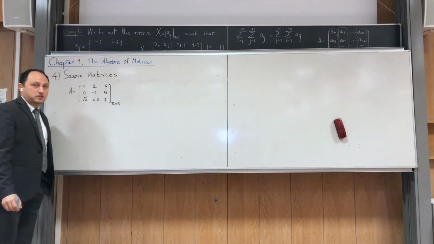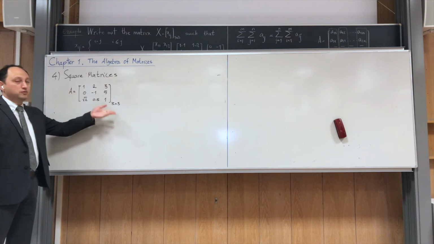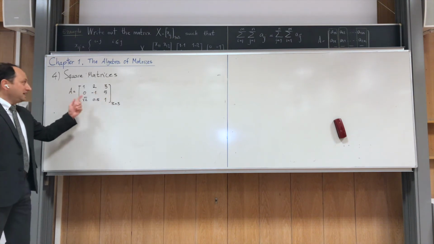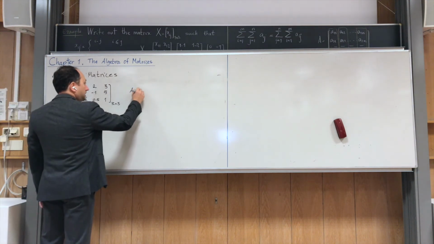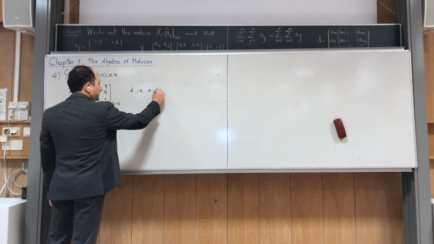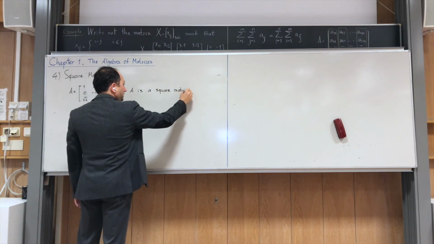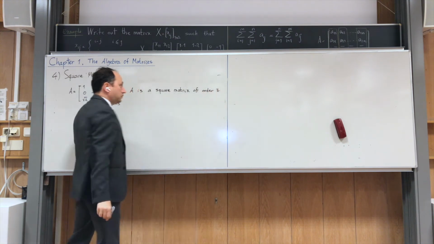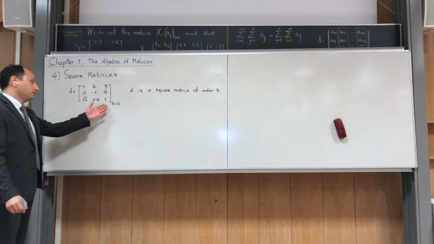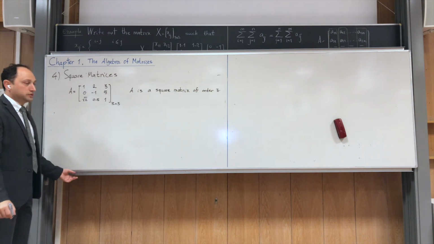When a matrix is a square matrix, instead of saying this is a 3 by 3 matrix, we say this is a square matrix of order 3. So A is a square matrix of order 3. This is also one way to express this. You can of course say that this is a 3 by 3 matrix or a square matrix of order 3.